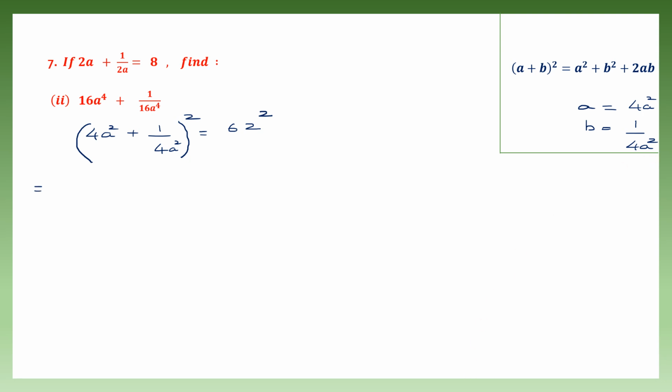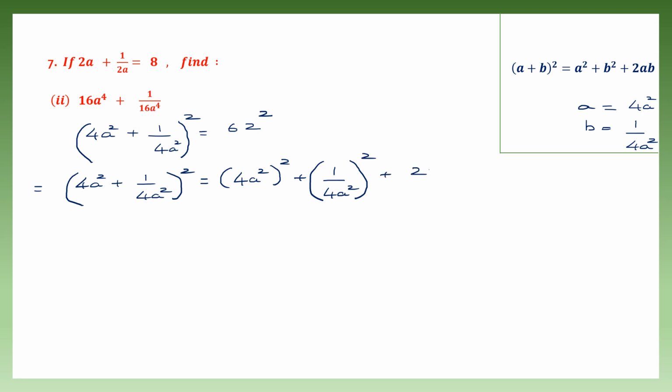So now this is going to be 4a square plus 1 by 4a square. The whole square of this is what we are finding out. This is equal to a square, which is 4a square, the square of this, plus b square, what is b? 1 by 4a square, the square of this, plus 2ab. 2 into a, what is a? 4a square into b, 1 by 4a square.